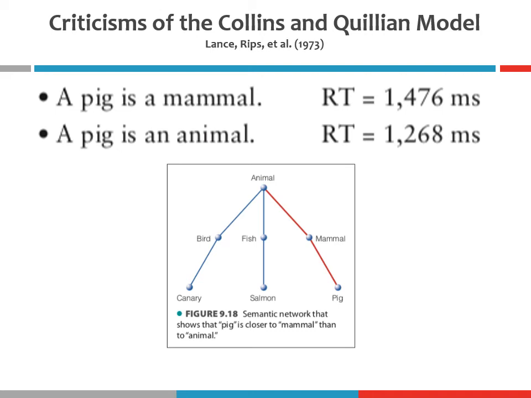So for example, the classic demonstration of the typicality effect is that people are faster in their reaction time to say that a sparrow is a bird or a robin is a bird than they are to say an ostrich is a bird, right?